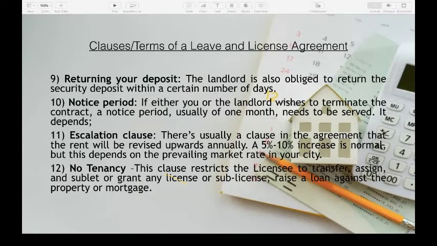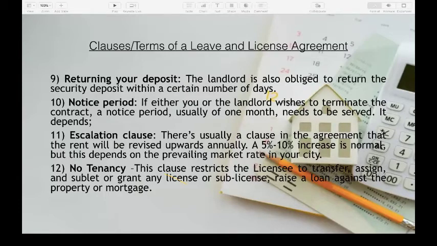The answer is no. Usually, in leave and license agreements the practice is that there is a no tenancy clause, that once I have given a plot or an apartment on a leave and license basis, my licensee cannot sublet it further. But there are a few agreements which allow subletting the premises, of course with the permission of the licensor, if the licensor is okay with it.